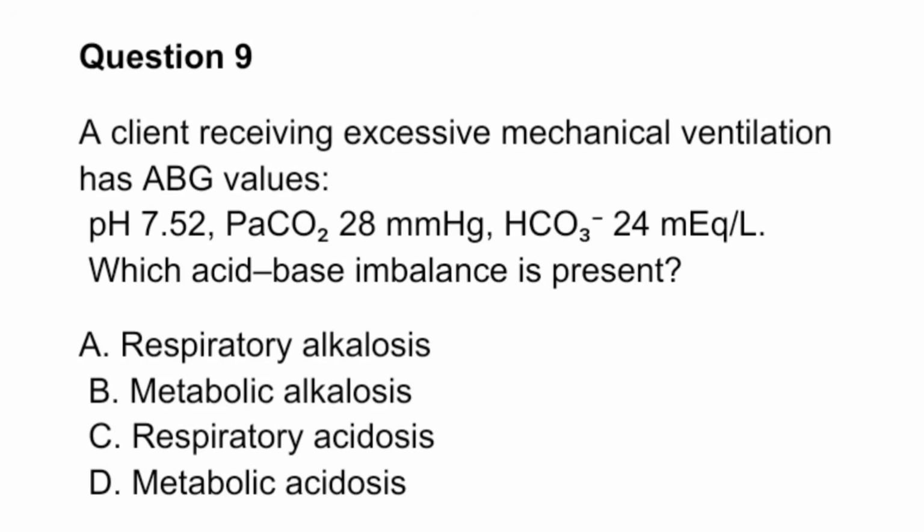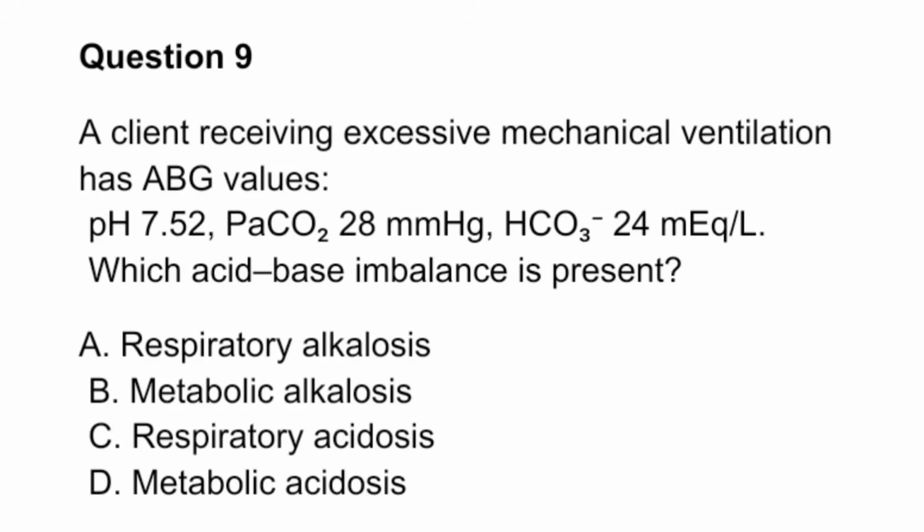Question 9. A client receiving excessive mechanical ventilation has ABG values pH 7.52, PaCO2 28 mmHg, HCO3- 24 mEq/L. Which acid-base imbalance is present? A. Respiratory alkalosis.